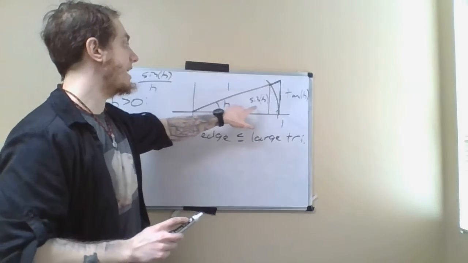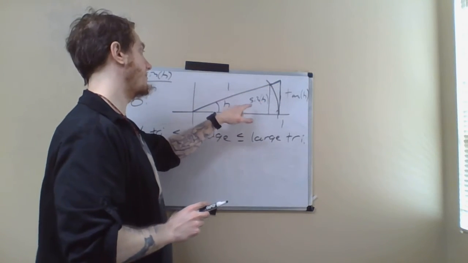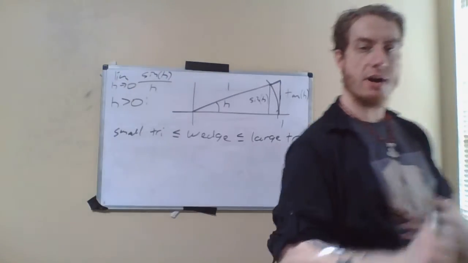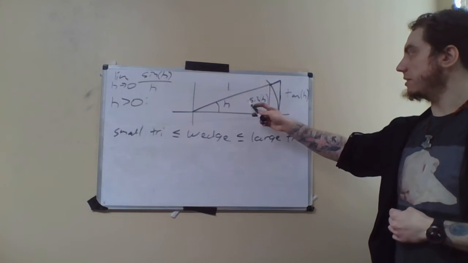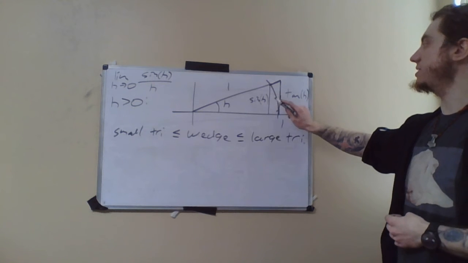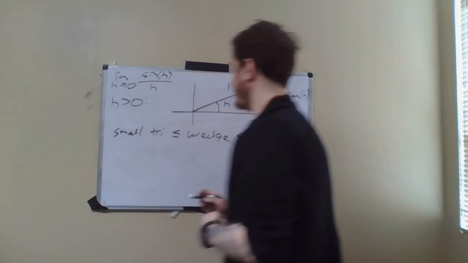So notice here that I've actually got these 3 different things combined, okay? We have the small triangle, the wedge, and then the large triangle. And their areas have to be in this order because each one is contained in the next one. The small triangle is inside the wedge, and the wedge is inside the big triangle.